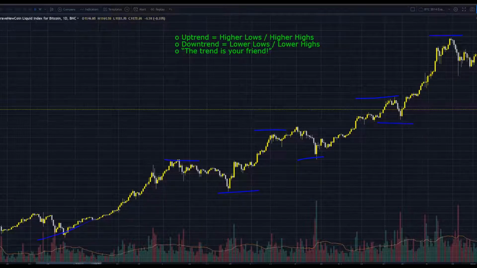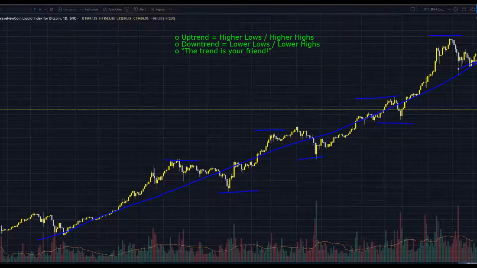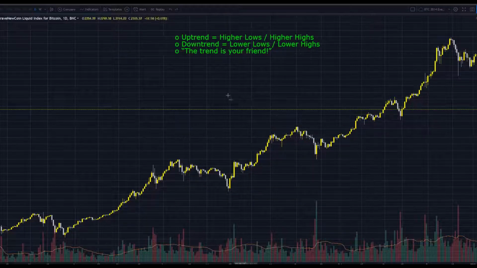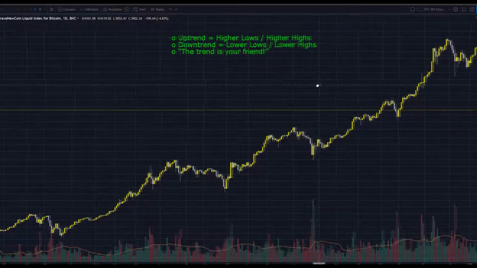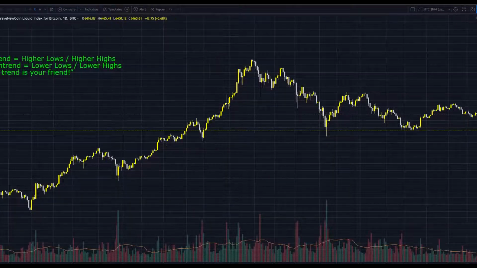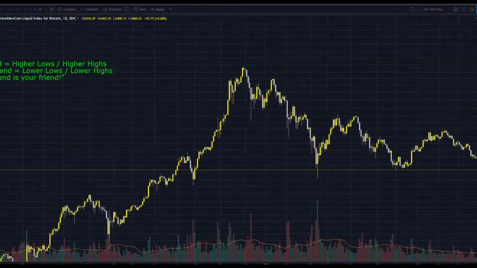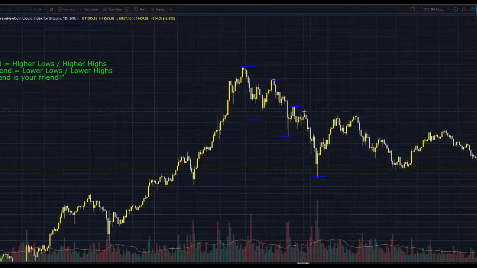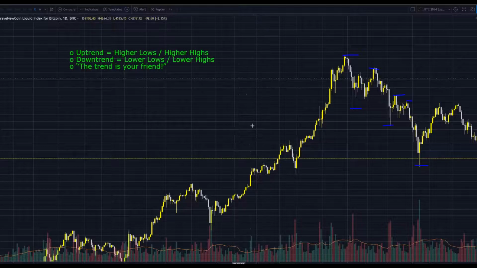As we can see, this asset is going up, price is increasing. And then a downtrend is defined as an asset making lower lows and lower highs, right? That makes sense? Okay.